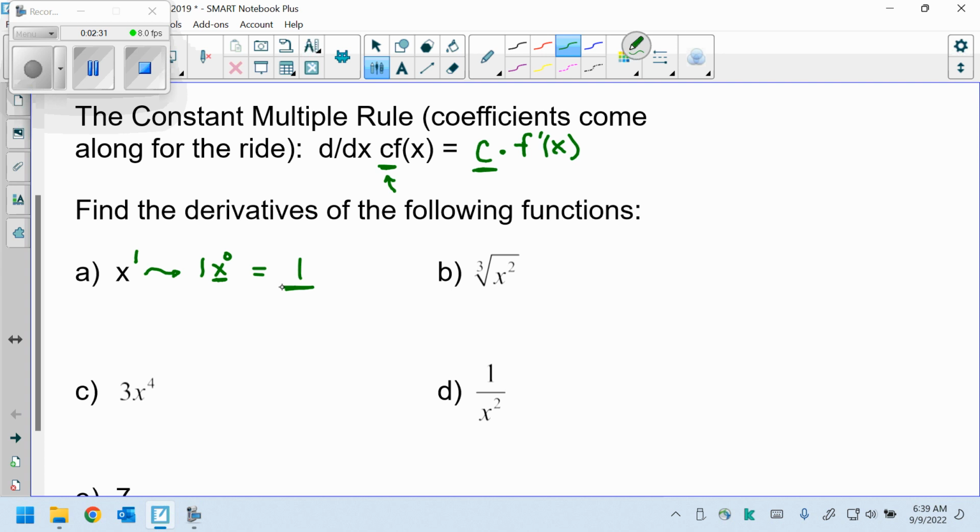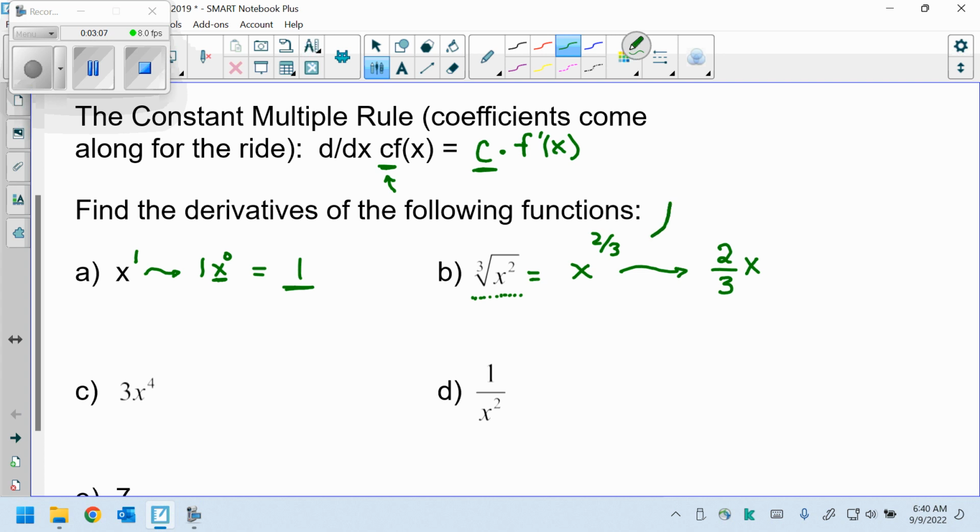B. Now before we take the derivative of this, we're just going to rewrite it. And we're going to rewrite this as, this is the same thing as x to the 2/3 power. So the derivative is going to be, let's bring that exponent around front, and then let's multiply by x.